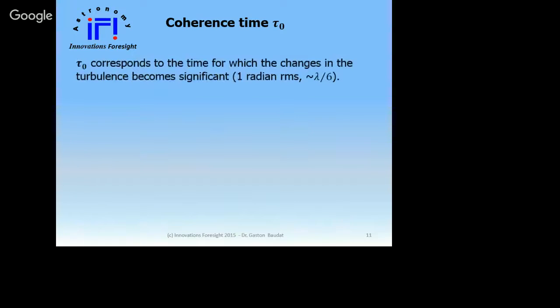There is another important parameter in seeing, which is the coherence time, tau 0. It's the time scale over which the wavefront turbulence changes enough, typically by 1 radian or a wave over 6.